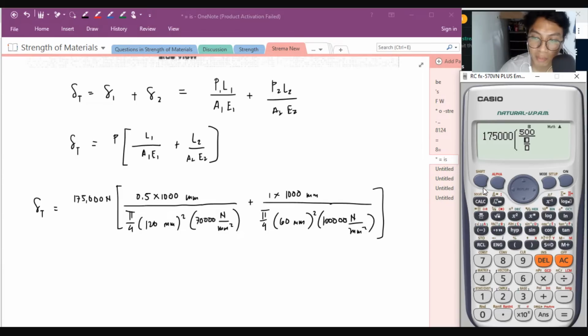Tapos, pi over 4 times 120 squared, times 700,000. 70,000 lang. Plus 1,000 pi over 4 multiplied to 60 squared, multiplied to 100,000.